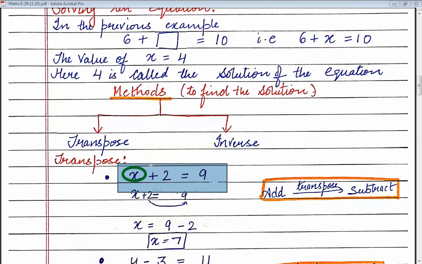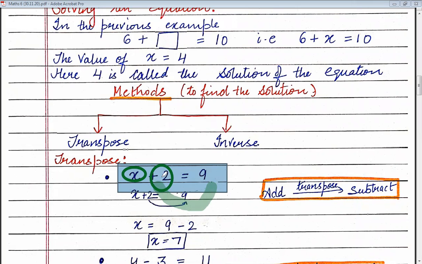Now with the variable we have plus 2. We have to shift this to the other side. We have to get rid of this plus 2. Now we will send this plus 2 to the right hand side.